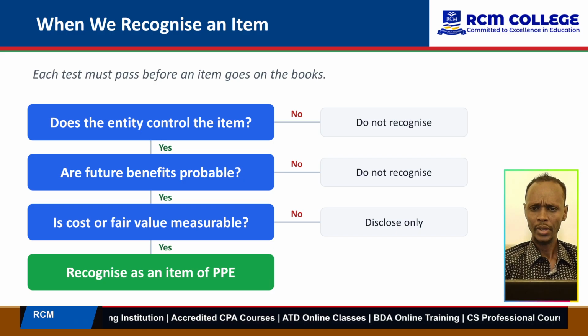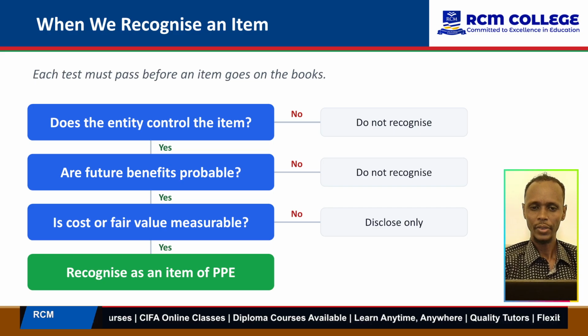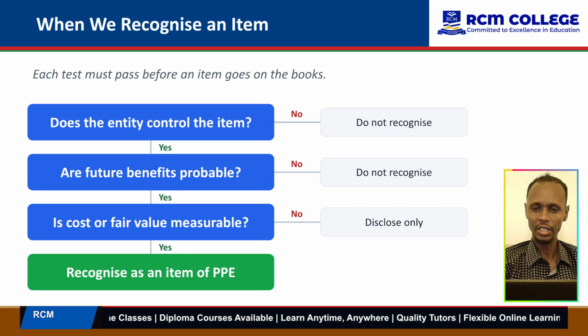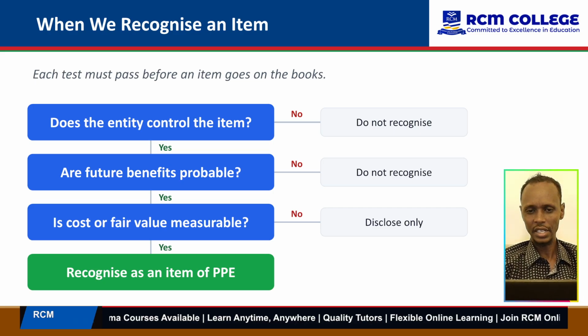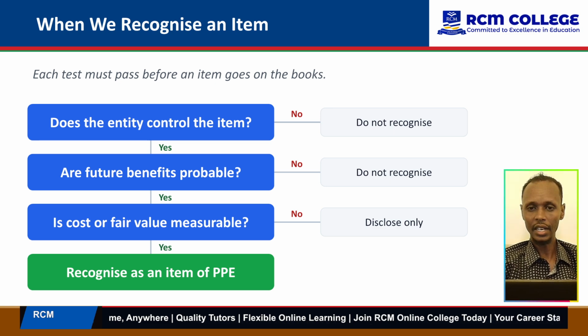For example, you work in your entity. Can you provide a figure you can attach to such an item? If the answer is no, like you yourself, can you attach a figure? Your CEO, does he have a figure? The answer is no. The only thing we can estimate is the salary you draw. That's the cost of the service you offer.